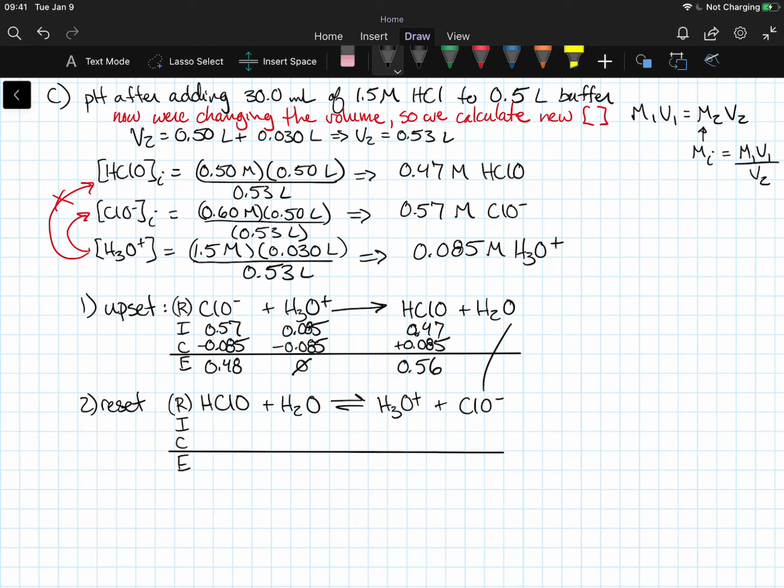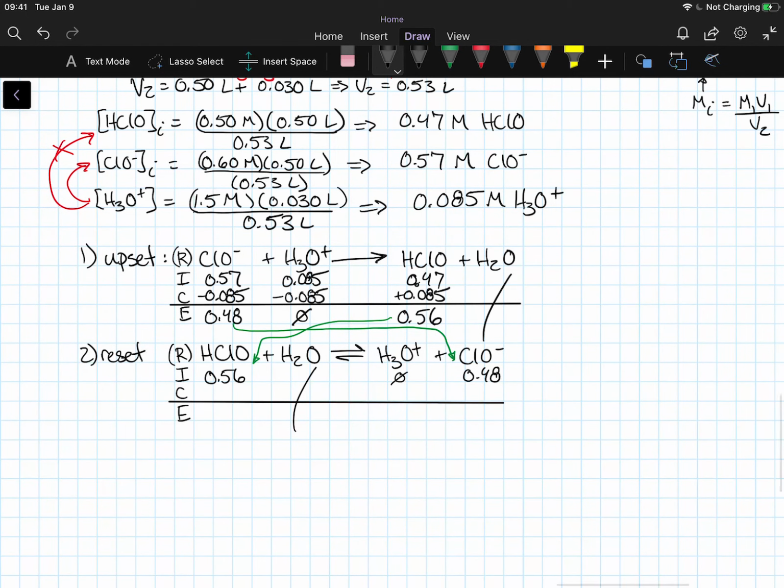So we actually have 0.56 molar, and the water doesn't matter. There's 0 H3O plus around, and we had 0.48 molar of the conjugate base. So we have to be a little careful because they've swapped sides here. And again, because there's no H3O plus, this reaction has to go to the right to generate some H3O plus. We end up with 0.56 minus X, gained X, and 0.48 plus X.